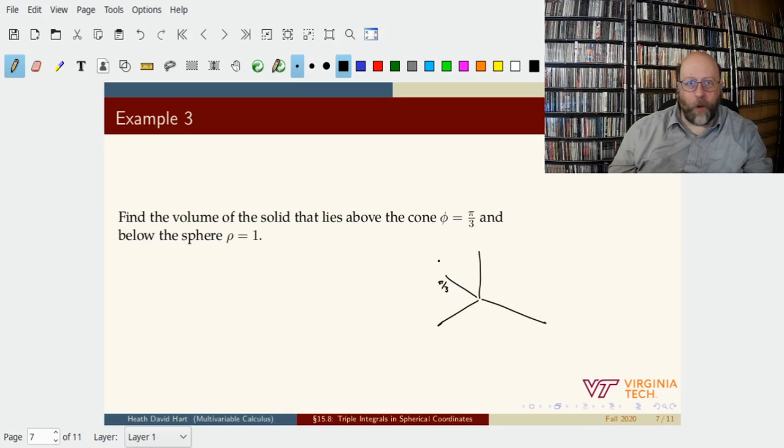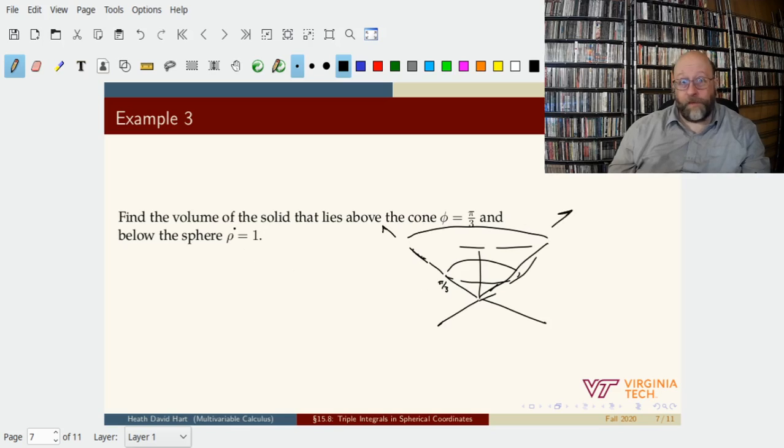So we can go around any amount. And rho is not specified, so we can go out any amount. So this is a cone that goes out forever and around forever, but at the angle of pi over 3.